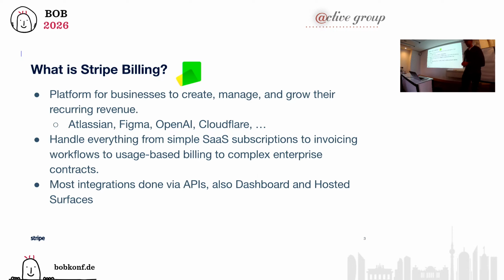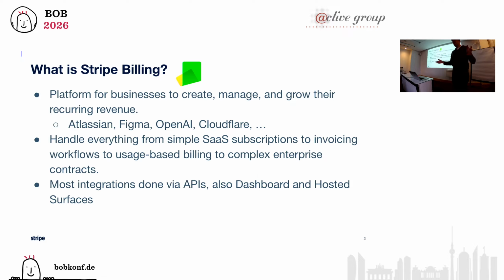So the hard part about the product, but also the hard technical challenge, is how do we create a product that suits the simple use case in a very simple and approachable way, but at the same time is very configurable and flexible for these large enterprise use cases. Most integrations with us are with an API.